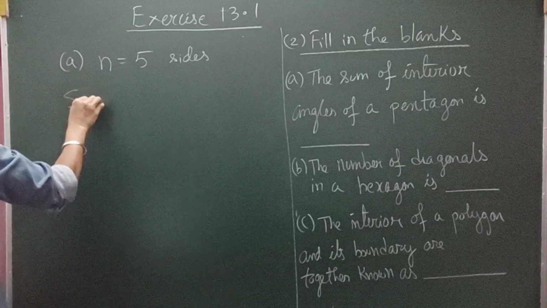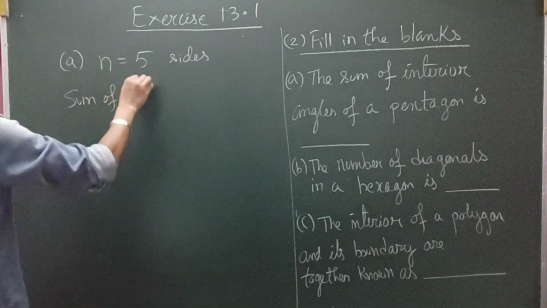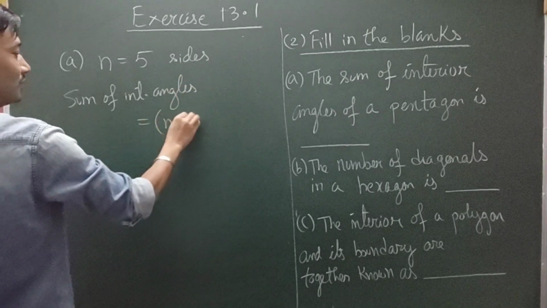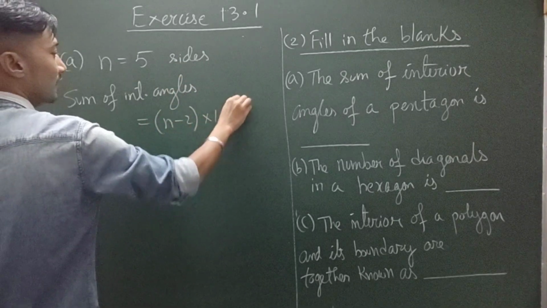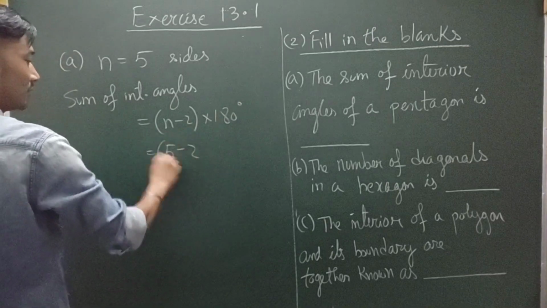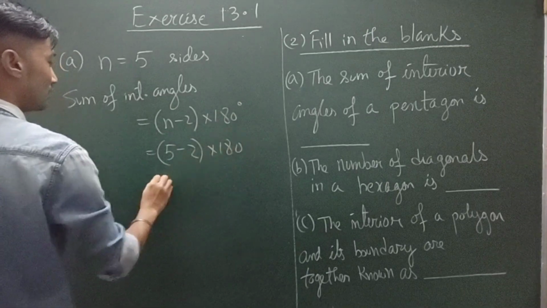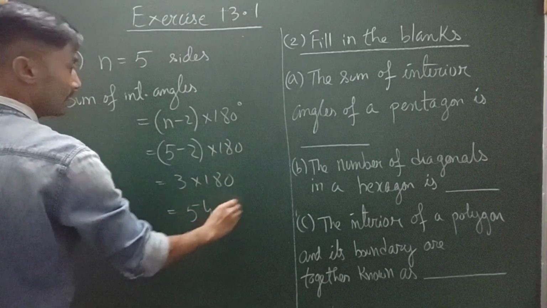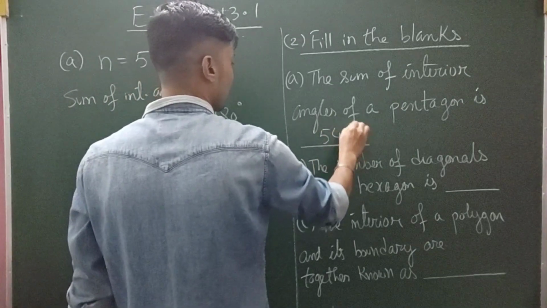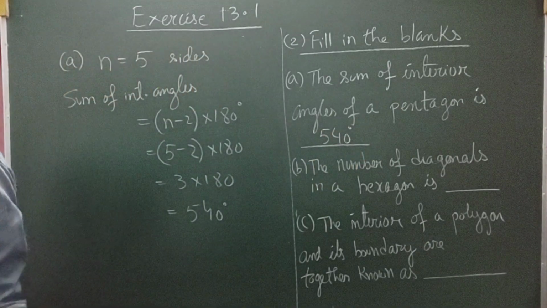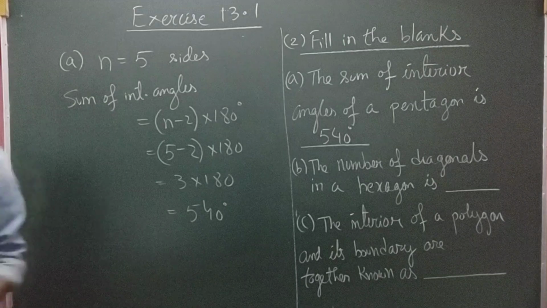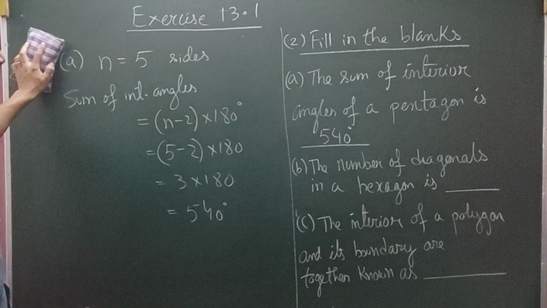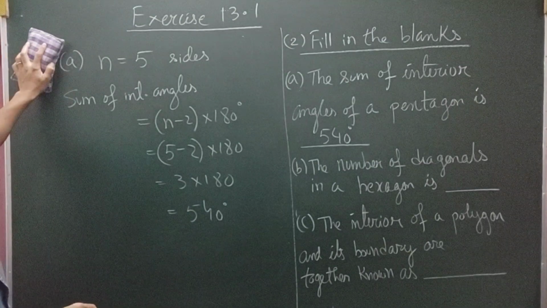So the sum of interior angles will be, what was the formula that I gave you? (n minus 2) into 180 degrees. So that's going to be (5 minus 2) into 180 degrees. 3 into 180 degrees, how much? 540 degrees. So the sum of the interior angles of a pentagon is 540 degrees. Ho gaya? Finish? Alright. Now you can pause the video and write down.